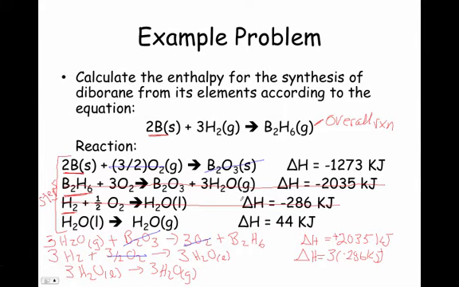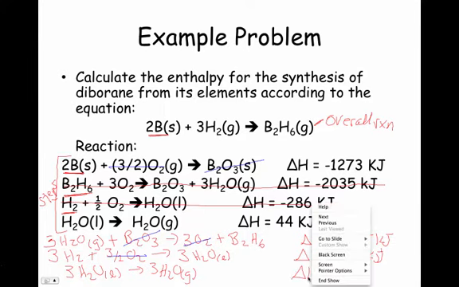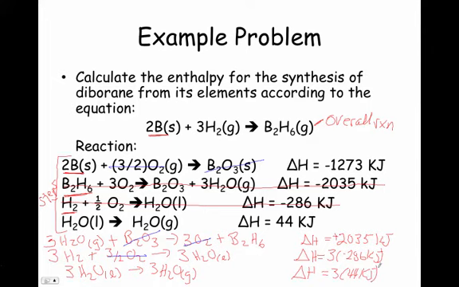And again, our delta H, we need to multiply that by 3 because we multiplied the reaction by 3. So the delta H is equal to 3 times 44 kilojoules. Okay, so now we go back to finishing our canceling out.